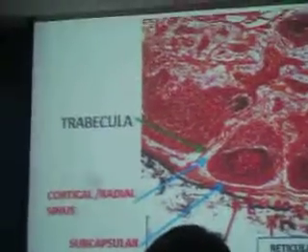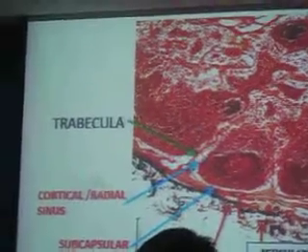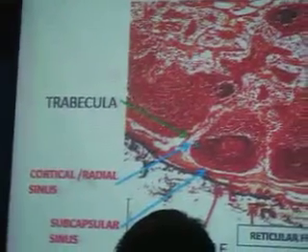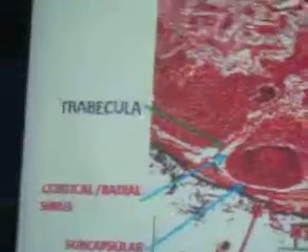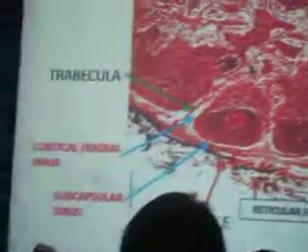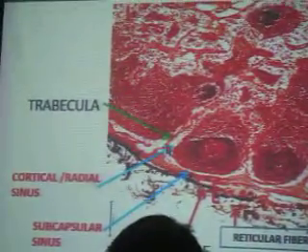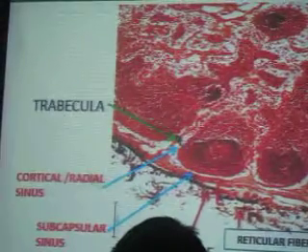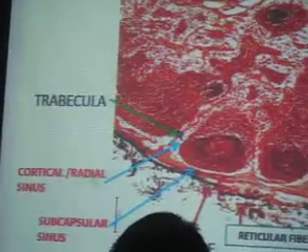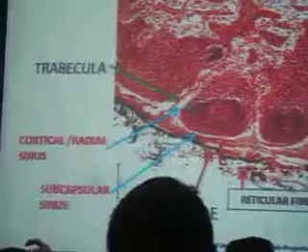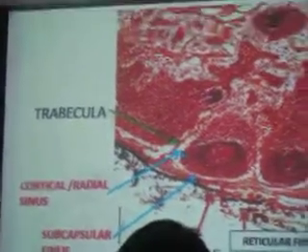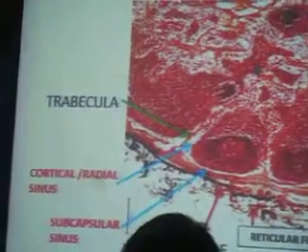And it will go to your cortical sinus or radial sinus, which will be the area where you'll have the space on either side of the trabecula. Trabecula is an extension of your capsule into the inner parenchyma. So you have here your trabecula. The space on either side, some authors will call it trabecular sinus. So the other name is cortical sinus or radial sinus.